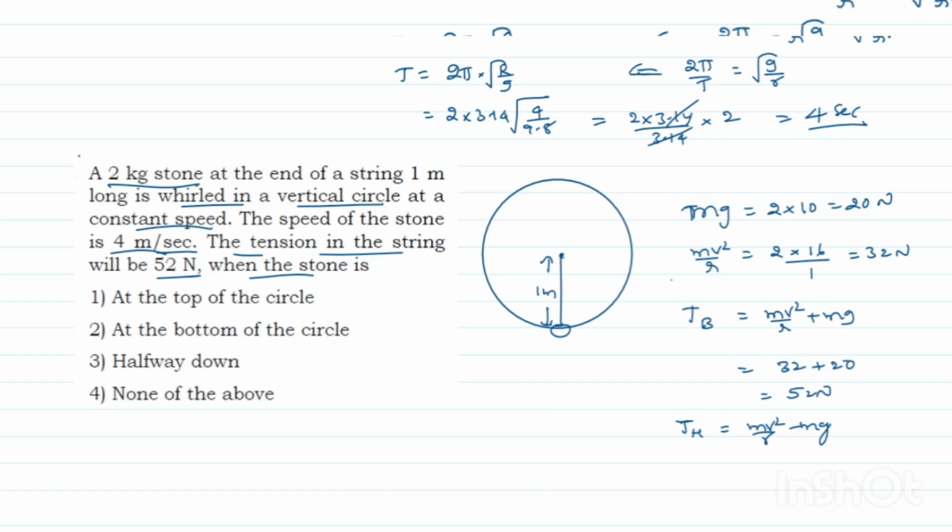This explanation I have given students already. So here 32 minus 20 is equal to 12 newtons. So tension in the string being 52 newtons means the position of the stone is at the bottom of the circle. So this will be the correct answer.